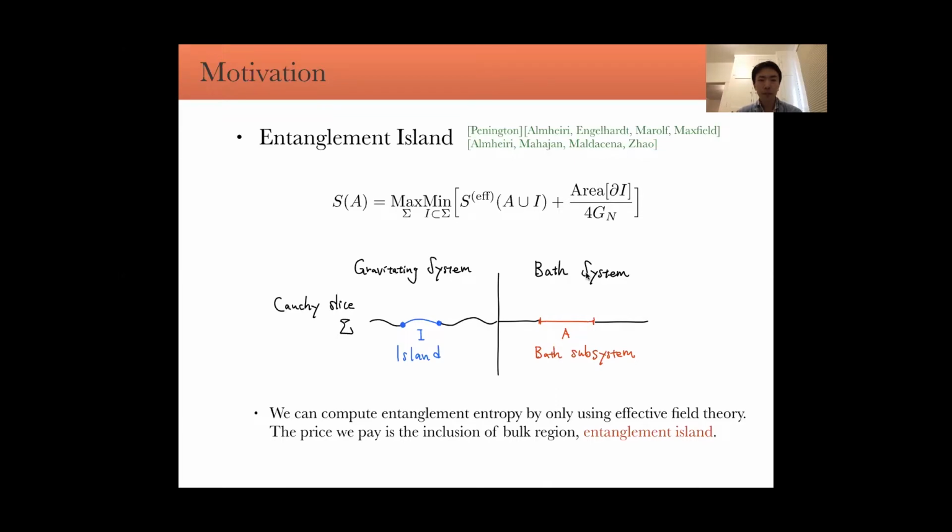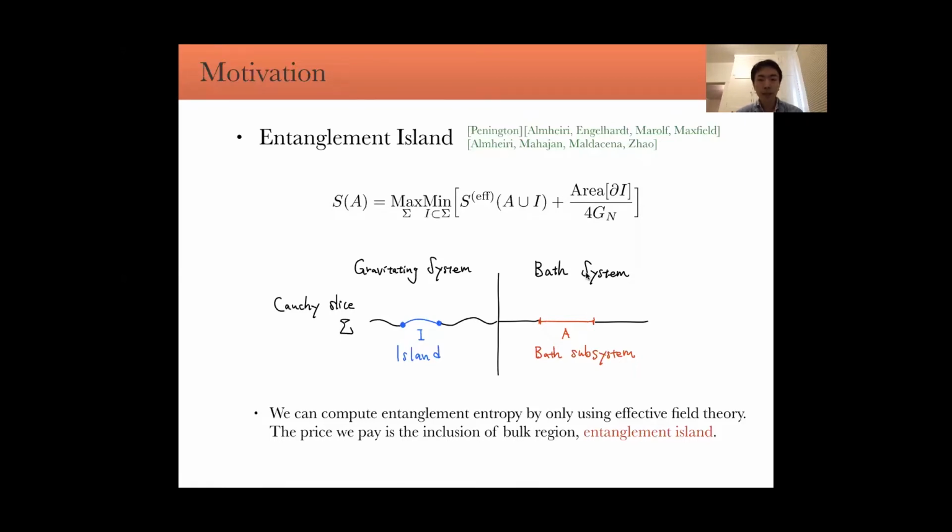This formula tells us about the entanglement entropy of a subregion in the bath system, which probes the gravitational system using only effective field theory and semi-classical gravity. More concretely, let's consider a gravitational system interacting with a bath system, which doesn't have gravitational degrees of freedom.